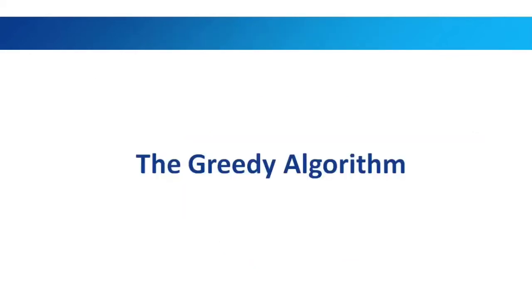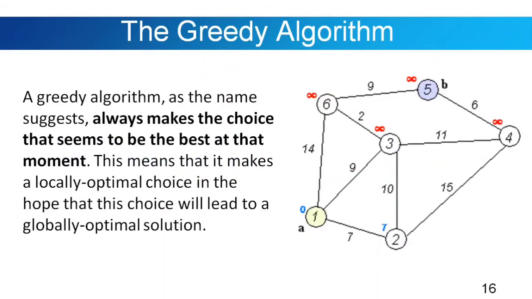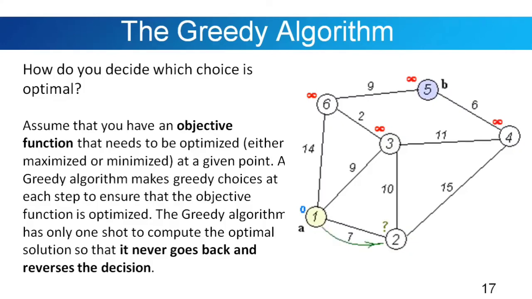The greedy algorithm. A greedy algorithm, as the name suggests, always makes the choice that seems to be the best at the moment. This means that it makes a locally optimal choice in the hope that this choice will lead to a globally optimal solution. How do you decide which choice is optimal?